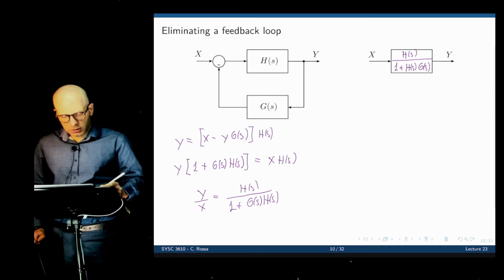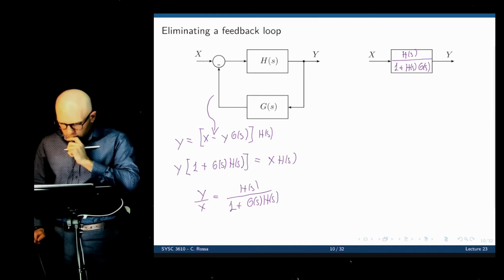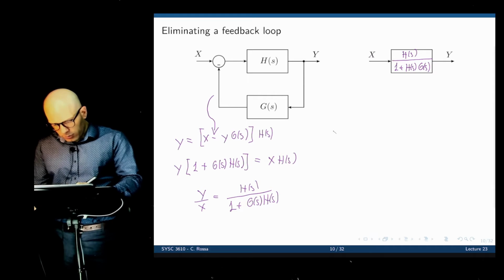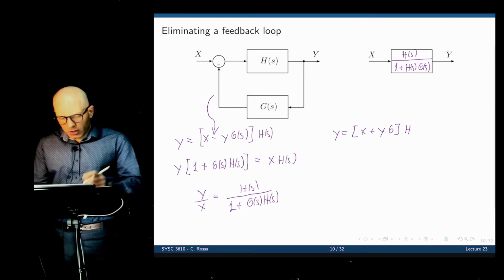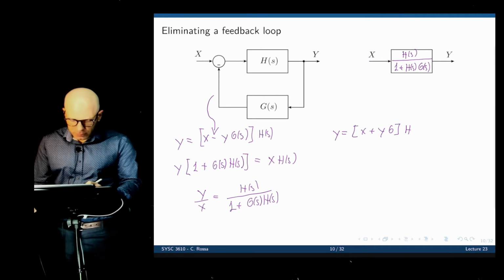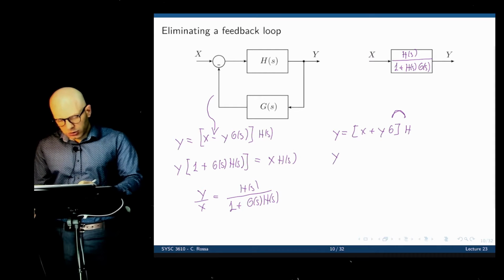Yeah, so let's do this again. So you see that where is this negative sign showing up? It's showing up right there, right? If that was positive, we would have X plus YG times H. When I move now this multiplication to the other side of the equation, we have Y minus YGH equals XH.